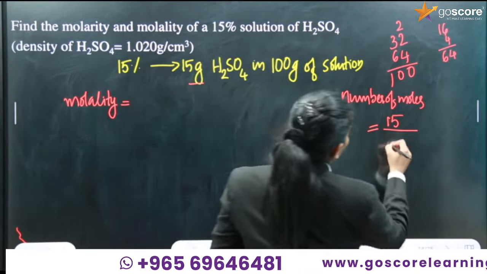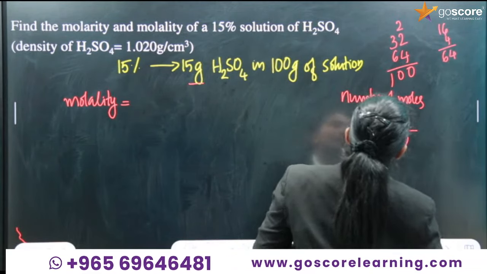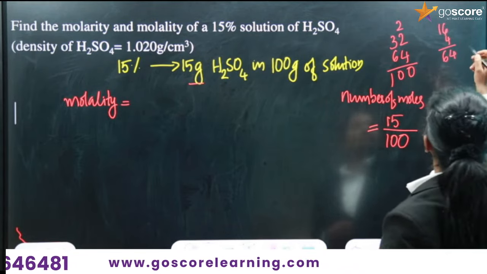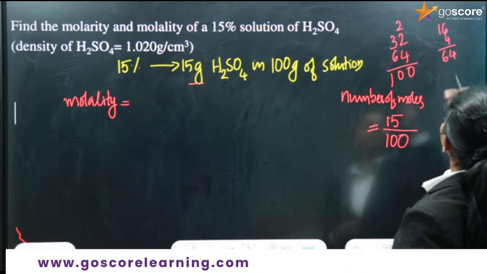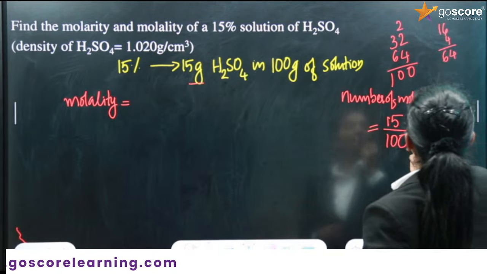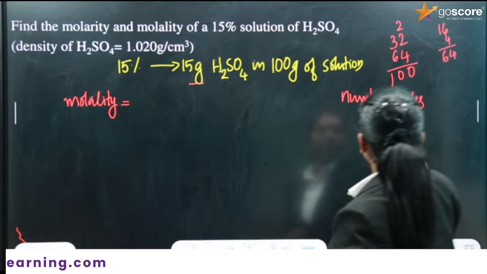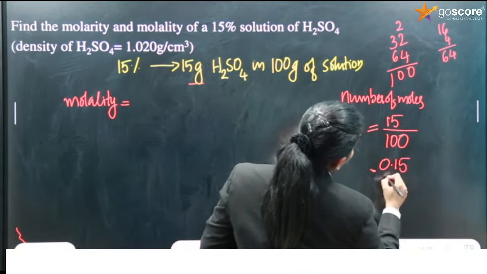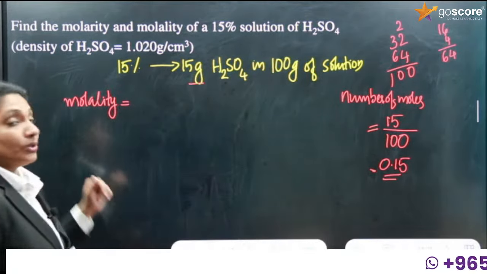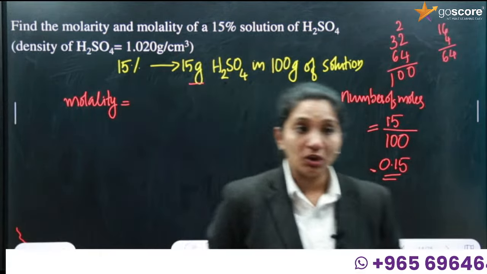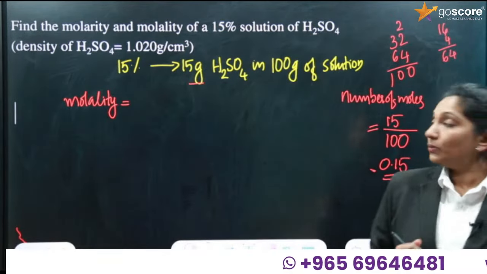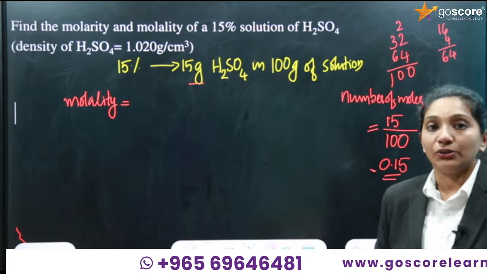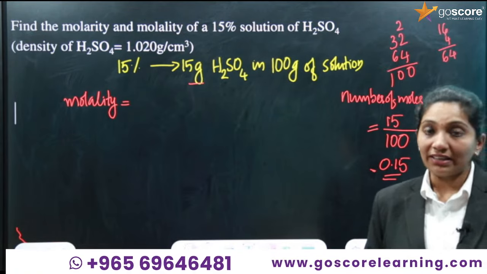So 15 divided by 100, the number of moles we get is 0.15. Okay. Now what do we want to find out? The molality. The molality is the number of moles divided by total mass of solvent in kilogram.